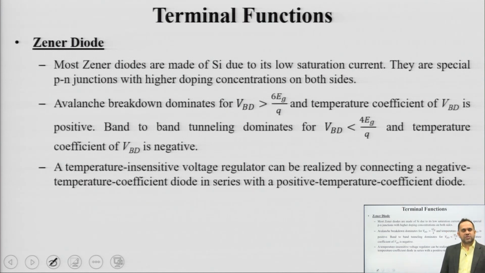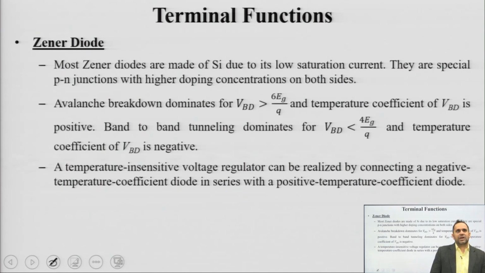Most Zener diodes are made of silicon due to its low saturation current and also because silicon has very advanced fabrication techniques. These are special p-n junctions, as I have said, with very high doping on either side. They do not experience avalanche breakdown because avalanche breakdown happens for low doping cases. For breakdown voltages higher than 6 Eg/q, the temperature coefficient is positive.